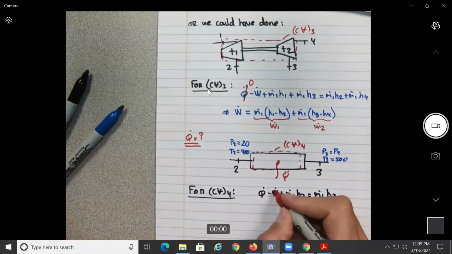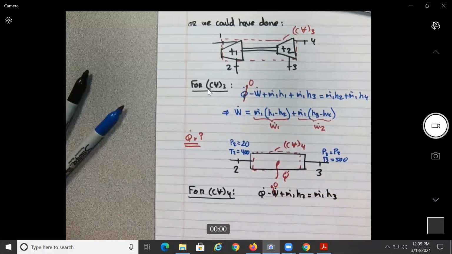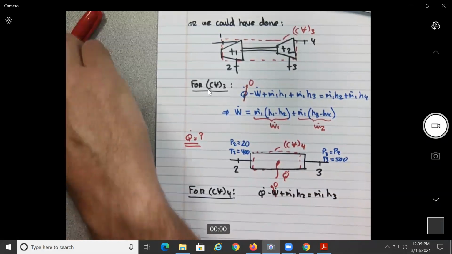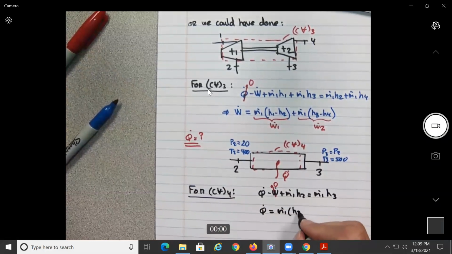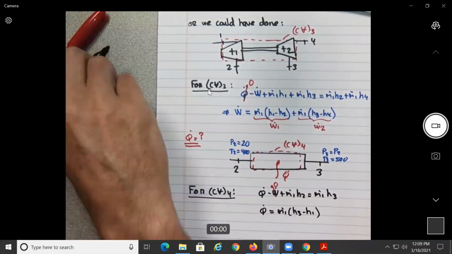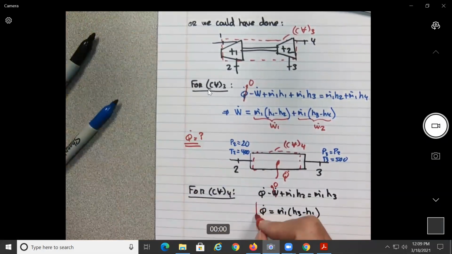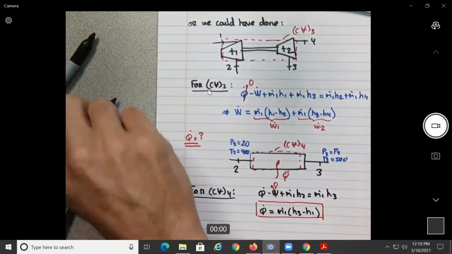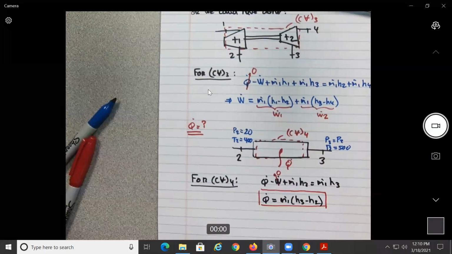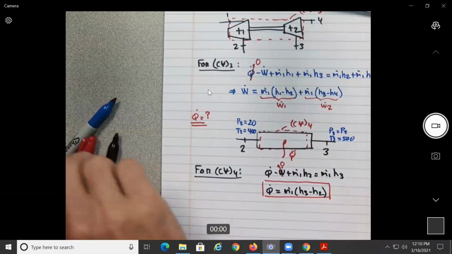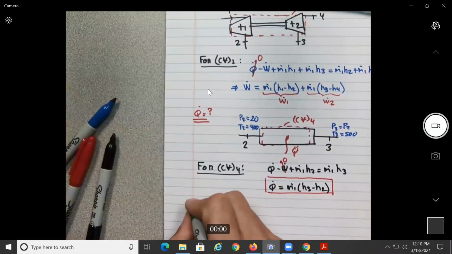Is there any power generated by the reheater? No? So we're gonna get that Q dot will be equal to M dot 1 H3 minus H2, right? H2, yes. H3 minus H2. So again, it's the same numerical application.